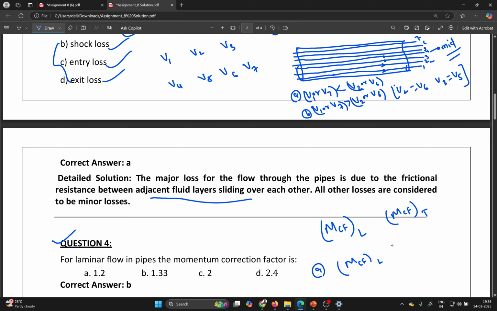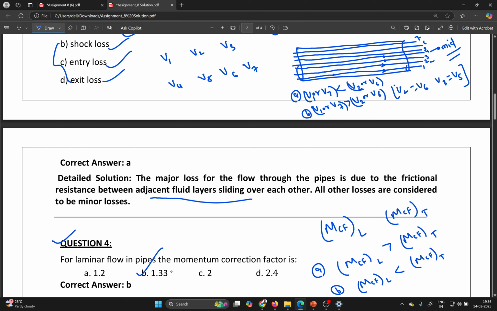This is option A, and option B is this. Which option will be correct? Here option B is correct for laminar flow in pipe.